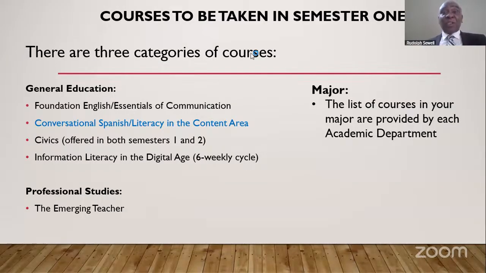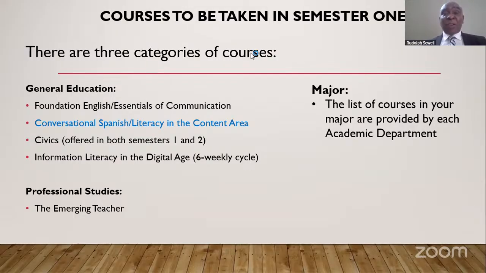All right? So let's recap again, midpoint review. You have the general ed courses, you have the professional studies courses, and within your department, you will know the courses that are specific to first year. A little caution. There's some university and college environments where you simply go and pick courses from a menu.